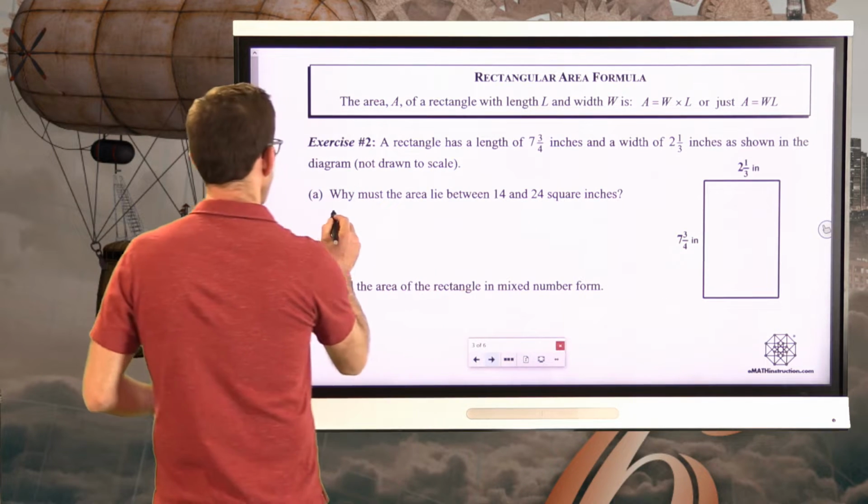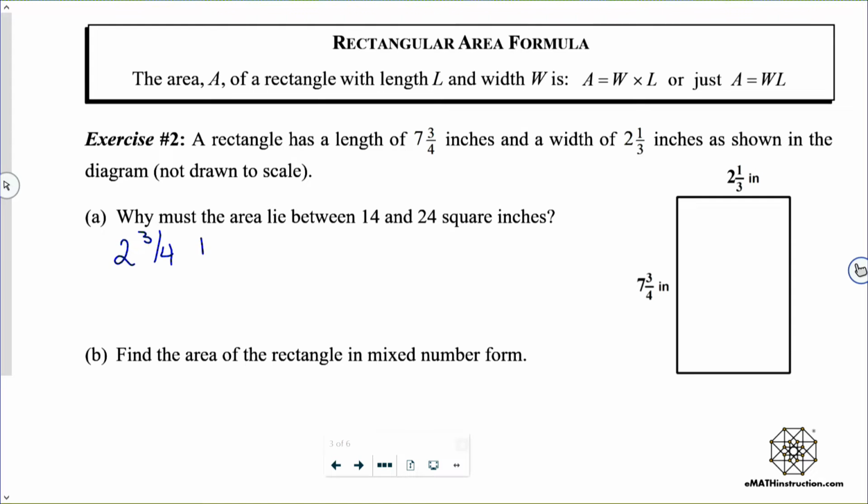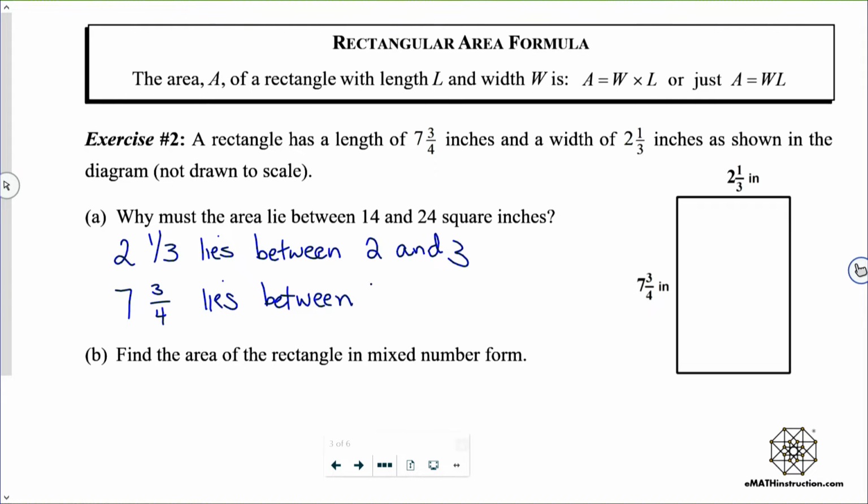Let me just write that down. 2 1/3 lies between 2 and 3. 7 3/4 lies between 7 and 8.